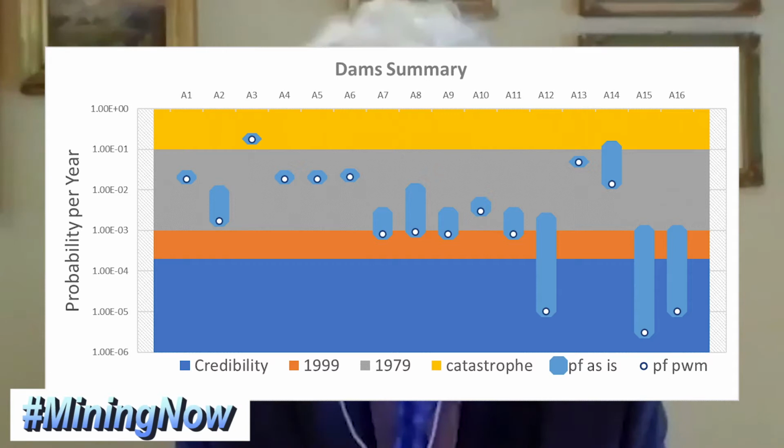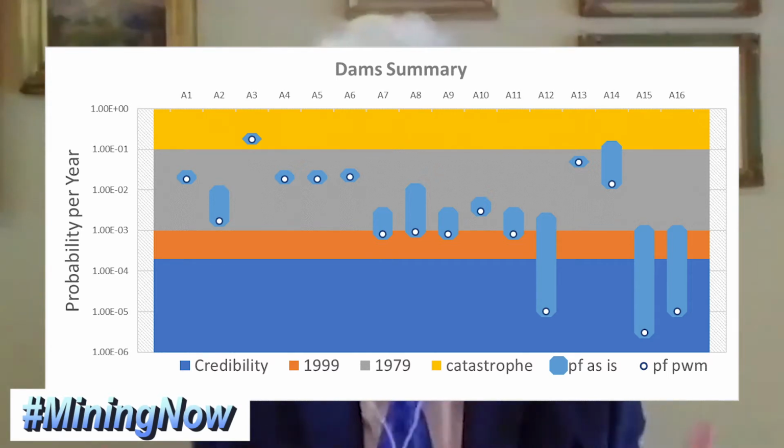This dam summary graph is an instrument that we use in our risk dashboard to explain to clients their situation. The main information is the orange horizontal bar, which corresponds to the 100 years benchmarking I was citing before.